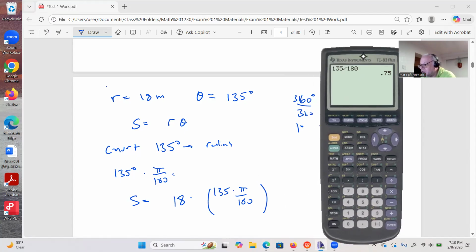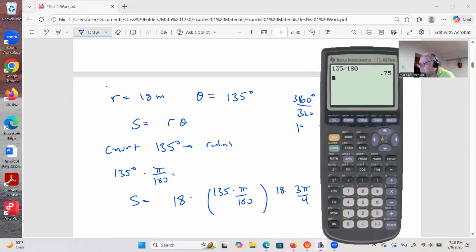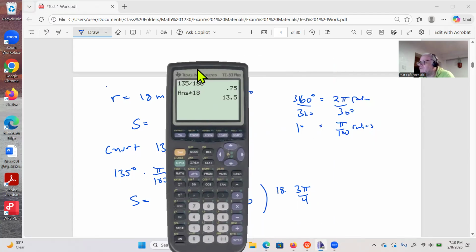So that's equal to 18 times 3 pi over 4. 0.75 is 3/4. I didn't do anything with the pi, I just left it there. Okay, so we can go ahead and do that. 18 times 3/4, or 18 times 0.75. So we're going to say times 18 here. And then voila, we have 13.5 pi.